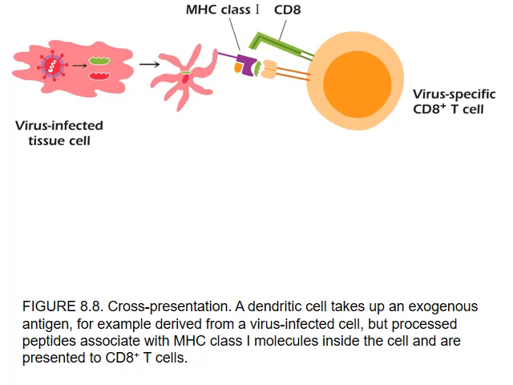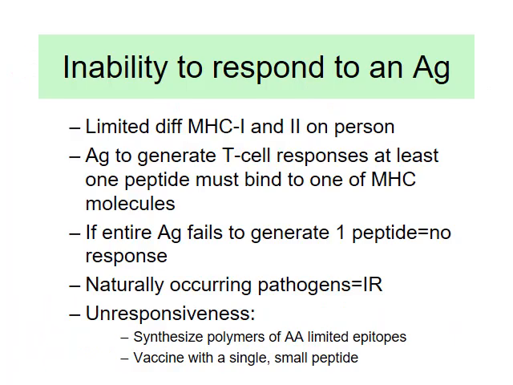Now the question will come, what happens if our cells are unable to present an antigen? That will be a disaster. That's where the problems come. Now, theoretically, it's easy, just like common sense. What makes your cell unable to respond to an antigen?